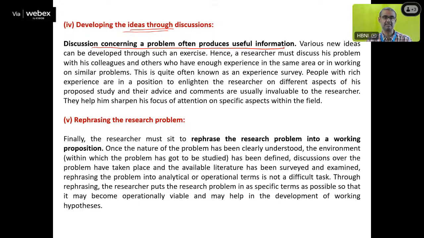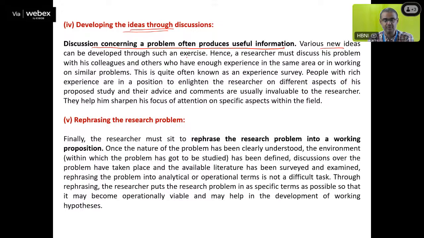Definitely, discussion is a must for proposing a research problem with anybody within the field. Especially senior people who have expertise tend to give you very good suggestions, which you can include while proposing the research problem.